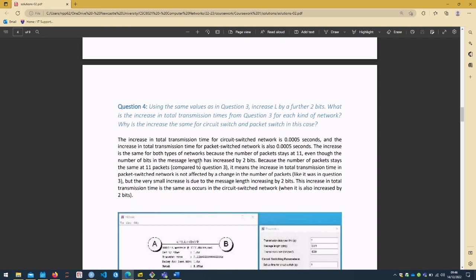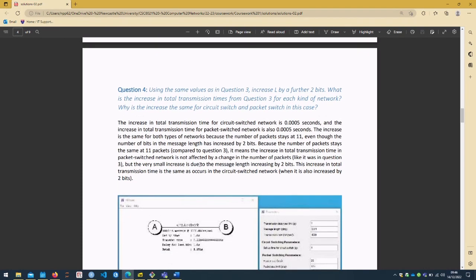So question 4. Again, we're playing around with the values, understanding how the total transmission time changes as a result of the message length.